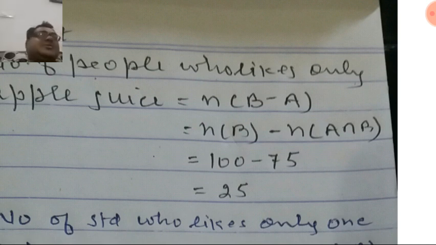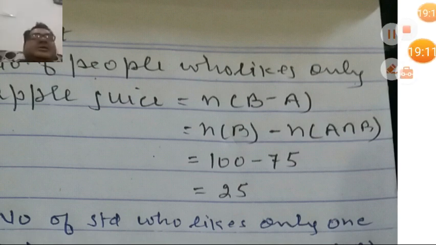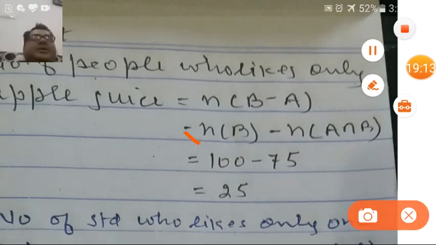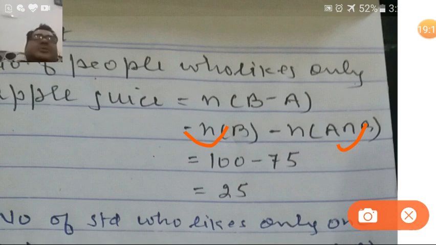That is B minus A, the cardinal number of B minus A. Like the previous part, the cardinal number of B minus A is equal to the cardinal number of B minus the cardinal number of A intersection B. From the 100 students given in the question who like apple juice, there are a few students who like orange also, no?